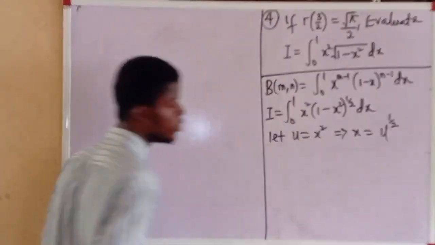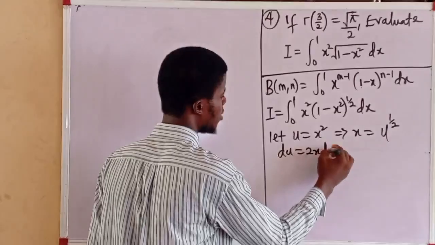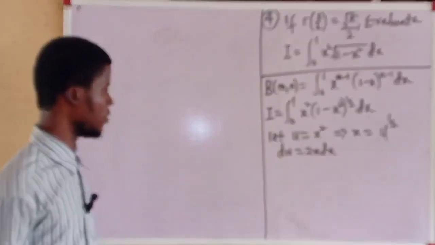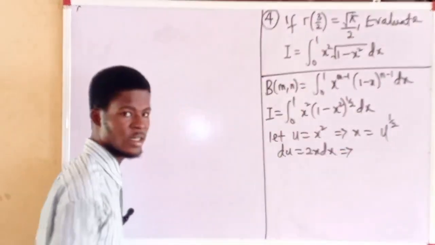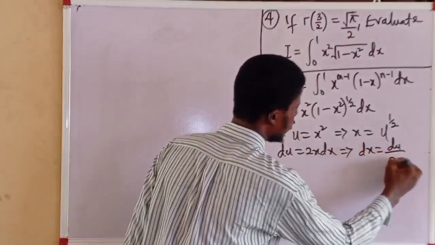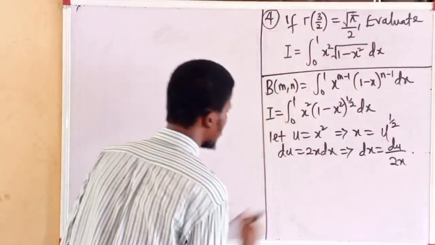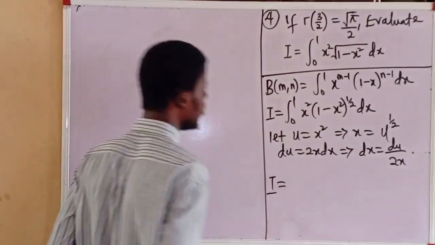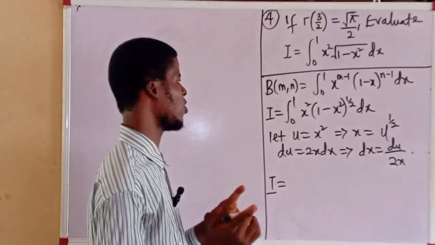Differentiating u with respect to x, I have du equal to 2x dx. Making dx the subject of the formula, dx is equal to du all over 2x.